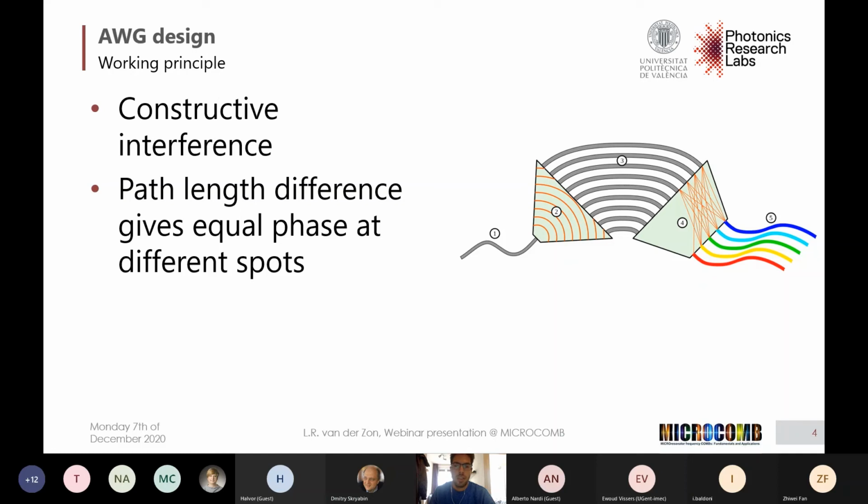The constructive interference will happen at different places for different wavelengths, due to the number of wavelengths that fit into this path length. And then you will have a demultiplexed array of signals.